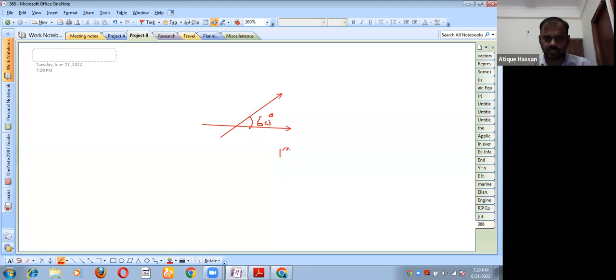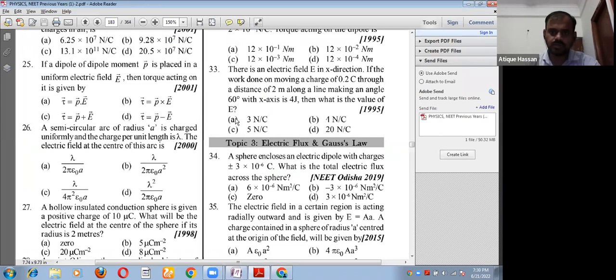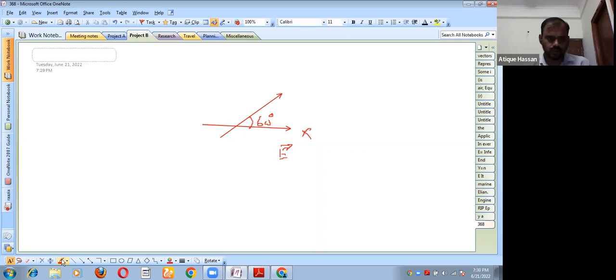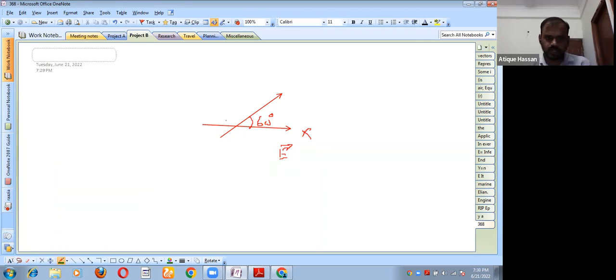Suppose I am moving a charge from point A to point B through a distance of 2 meter, then the work done is 4 joule.